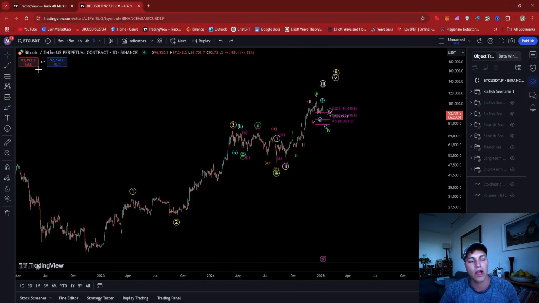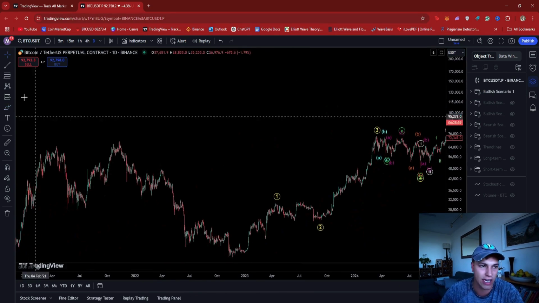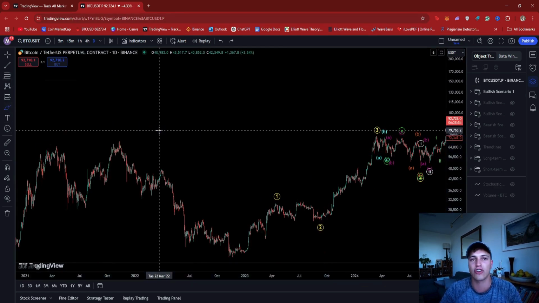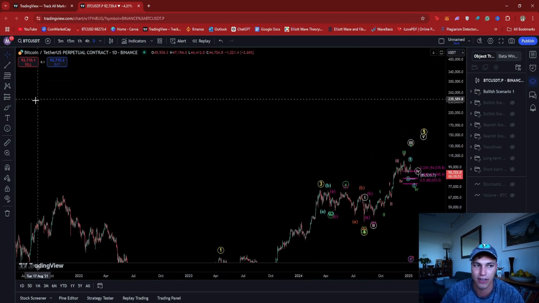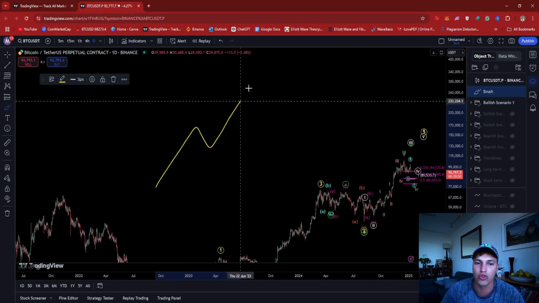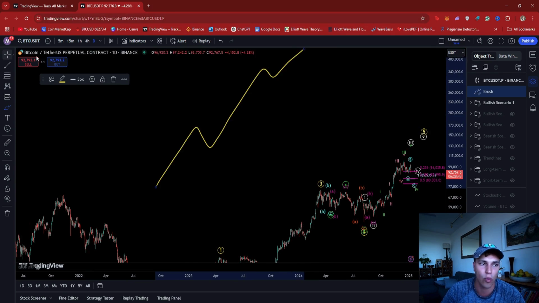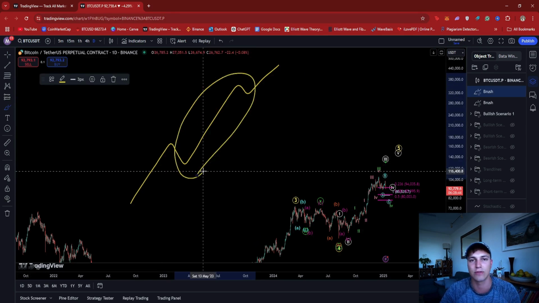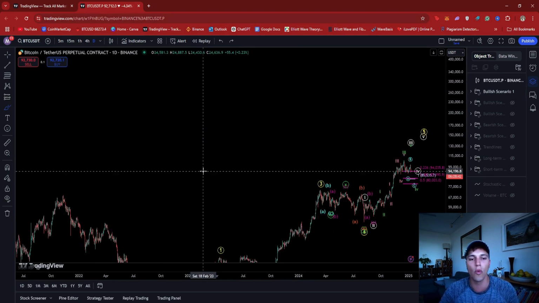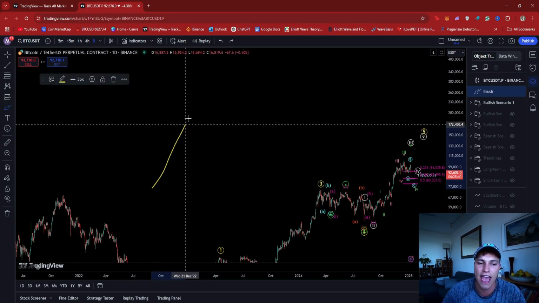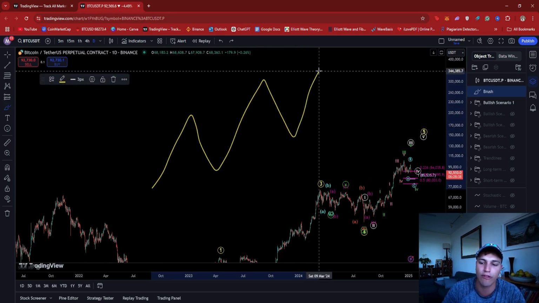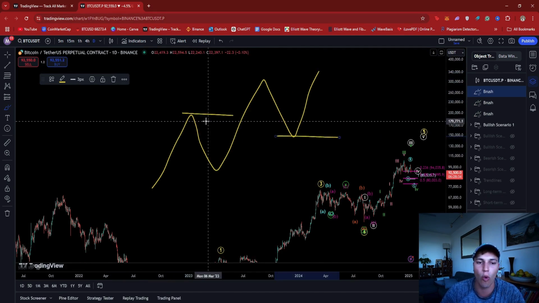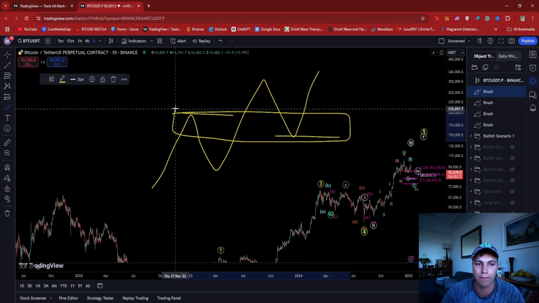So remember, once a correction has finished, we have a 5-wave structure to the upside, a 1, 2, 3, 4, 5, where wave 3 is normally the longest wave in this move. We either have that or we have a diagonal, where wave 1 and wave 4 overlap each other in price.